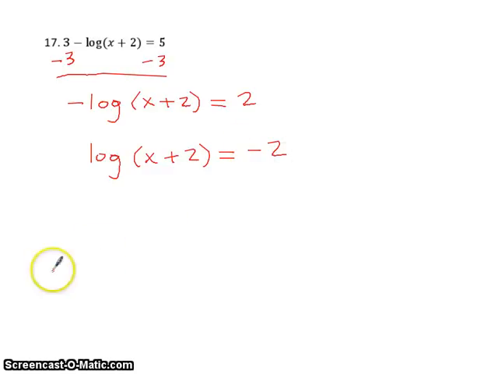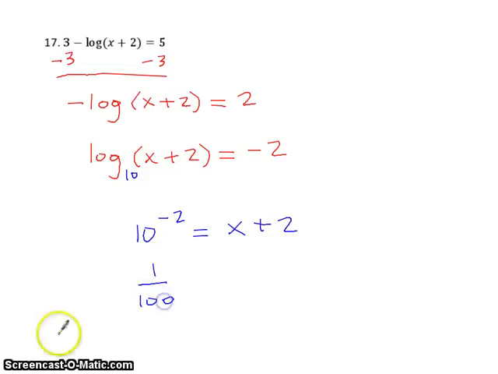And then let's go ahead and use our definition of log to write 10 to the negative 2 power is equal to x plus 2. So now we have 1 over 100, which represents 10 to the negative 2 power, and we subtract 2 from both sides to isolate the x value.